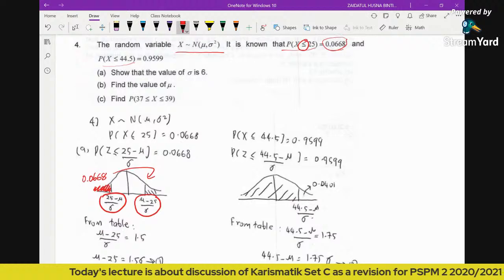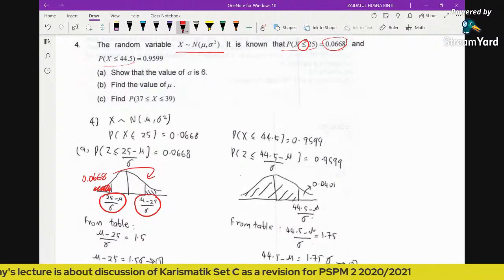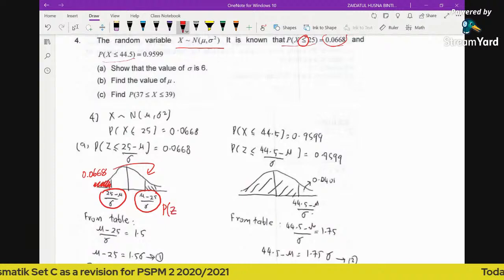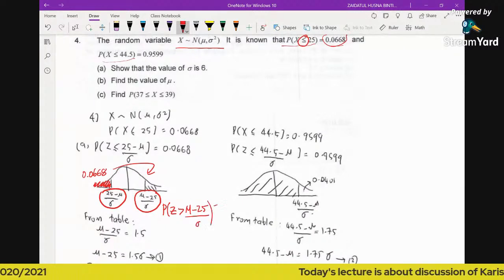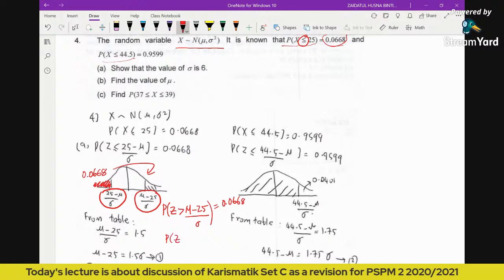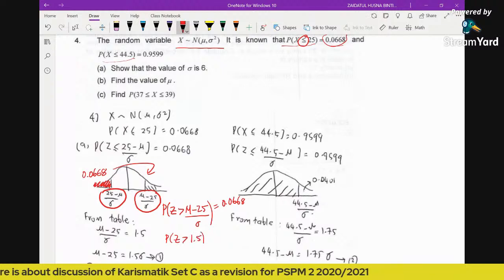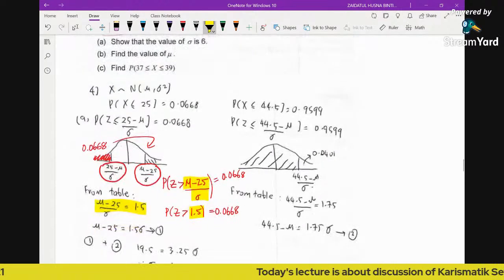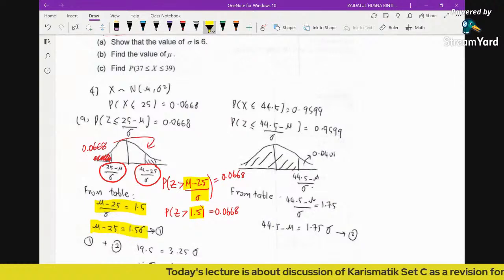Basically, this will be the probability of z greater than mu minus 25 divided by sigma equals 0.0668. And you just read the standard normal table. From the standard normal table, z greater than 1.5 is equal to 0.0668. You can just compare these two and you will get one equation involving mu and sigma.